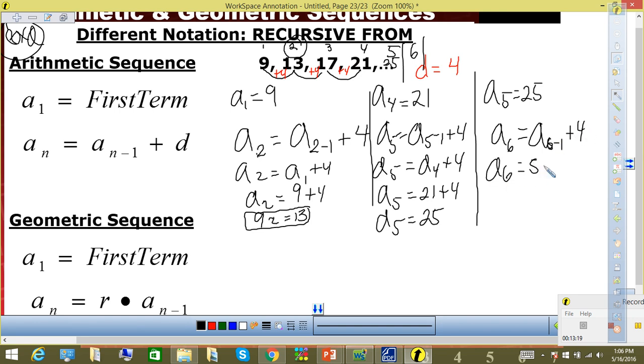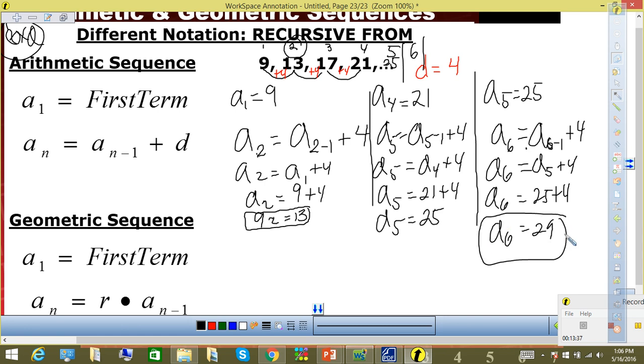A sub 6 is A sub 5 plus 4. A sub 6 is 25 plus 4. A sub 6 is 29. Hands up if you got that. We got this, right?